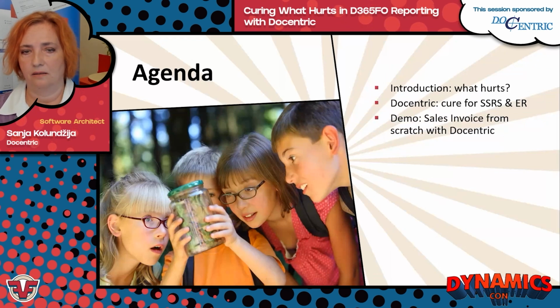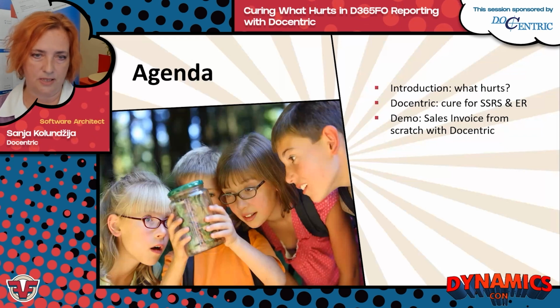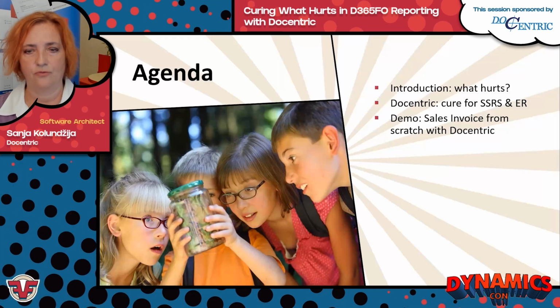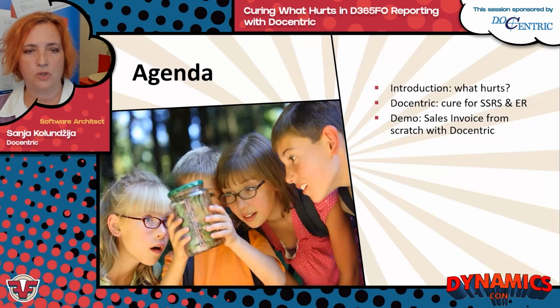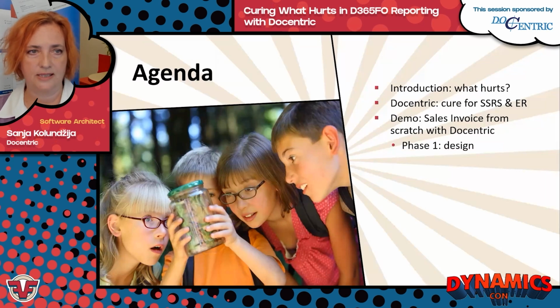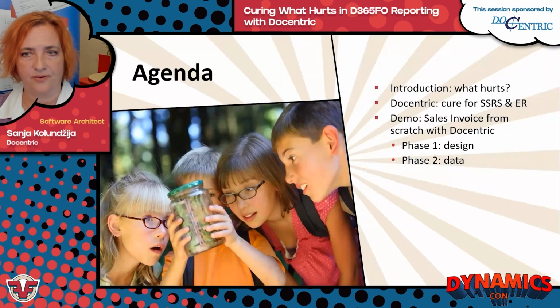When designing the Docentric templates, a common approach is to separate the two concerns, design and data, from each other. And this yields a two-step process. In the first phase, we deal only with the design, and for that, you need only what standard Microsoft Word has to offer. Then, in the second phase, you start with that design.